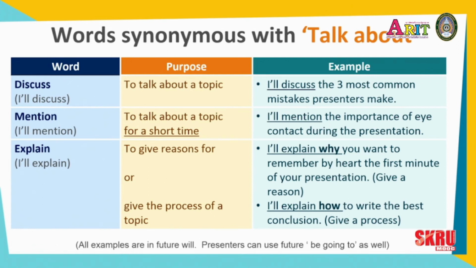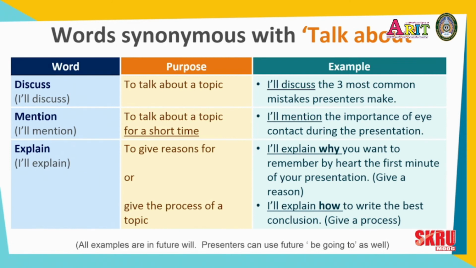So here we have our words or phrases on the left-hand side. In the middle, we have the purpose or the meaning behind the word, and then an example on the right. So we have discuss, mention, and explain. Now, discuss is very similar, meaning you're going to talk about a topic. Almost exactly the same meaning.